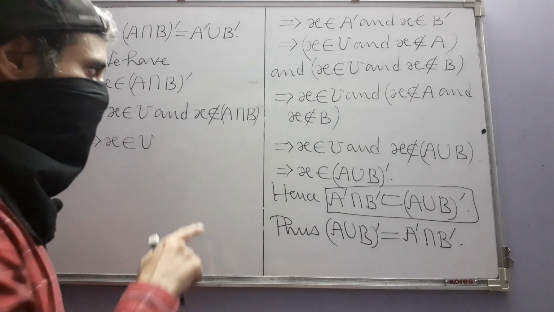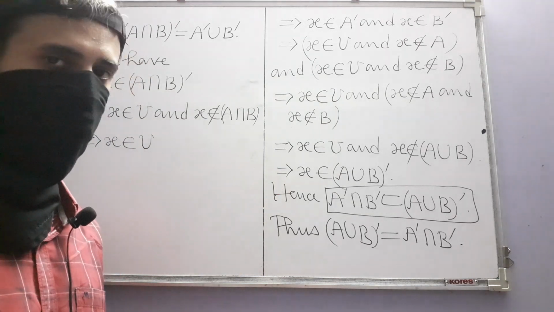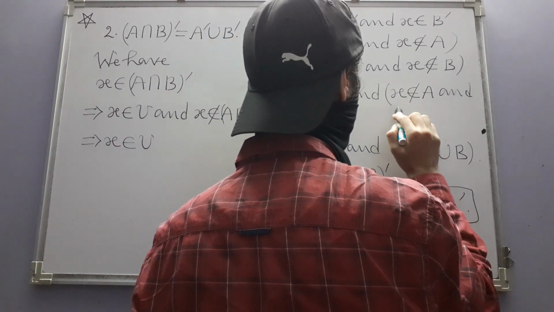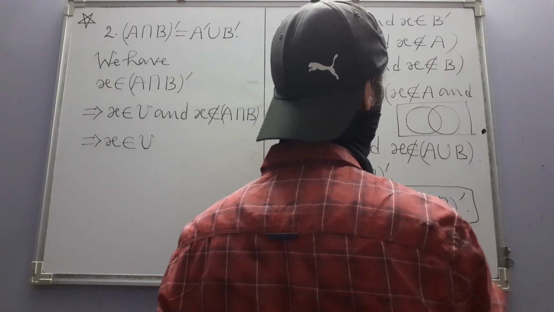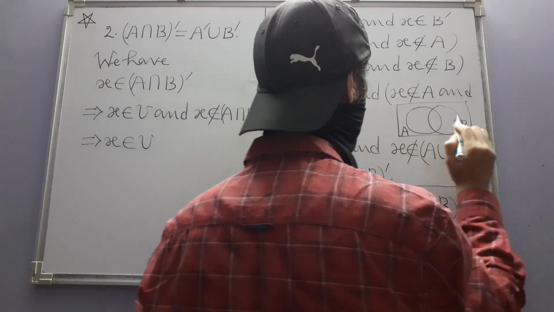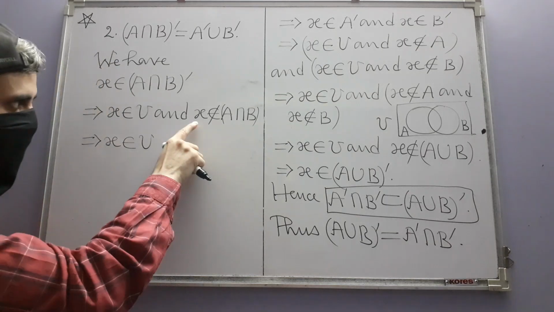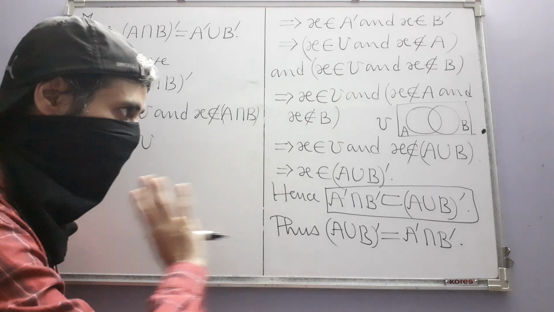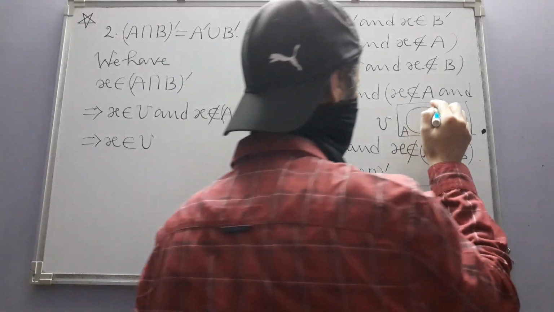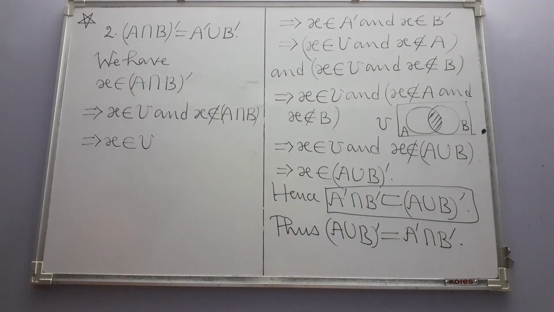Okay, and it is in this kind of situations that you have to take the help of Venn diagrams. That is the primary purpose of Venn diagrams. Say this is your A, this is your B, and U of course is there. So this statement, it says what? That X is an element which is not in the intersection. That means X is restricted to lie in that region, but X can lie elsewhere.